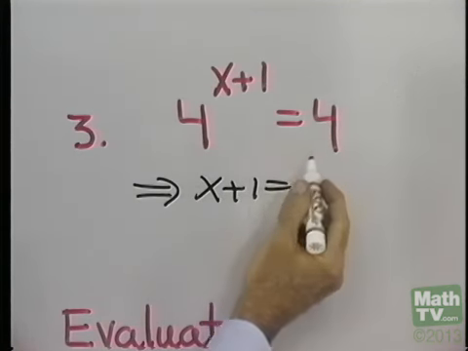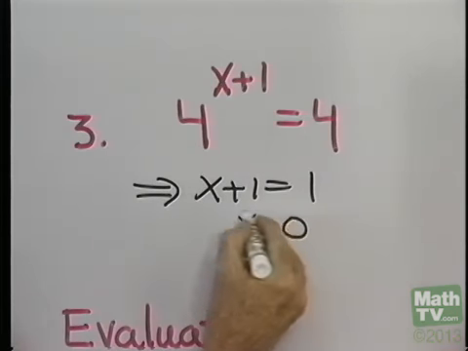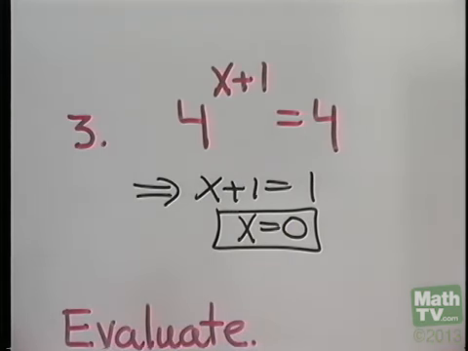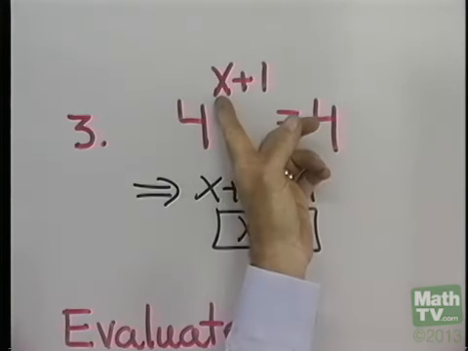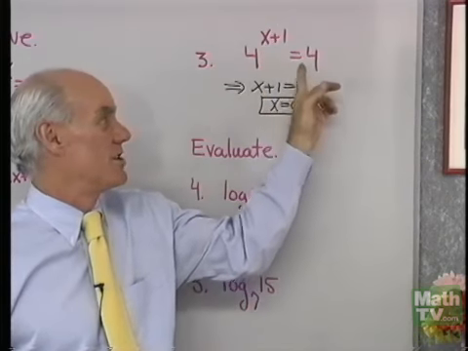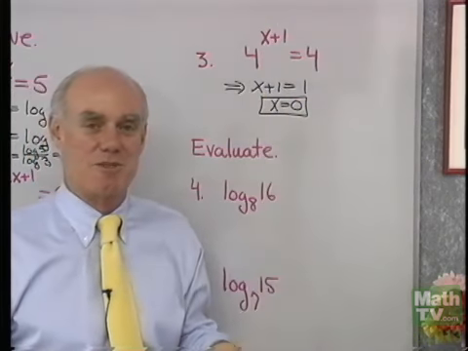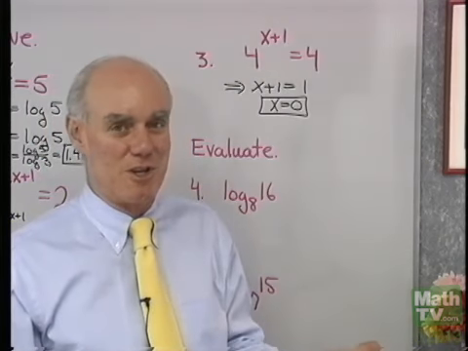So x plus 1 has to be 1. I'll add negative 1 to both sides. x has to be 0. So the only way 4 to the x plus 1 can be equal to 4 is if x is equal to 0. So I have 0 plus 1 is 1. 4 to the 1 is equal to 4. So that's a problem that's very simple to solve without using logarithms, although logarithms will work with it also.